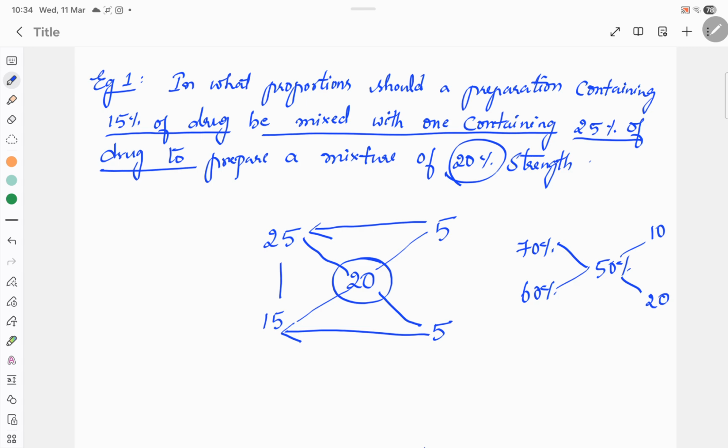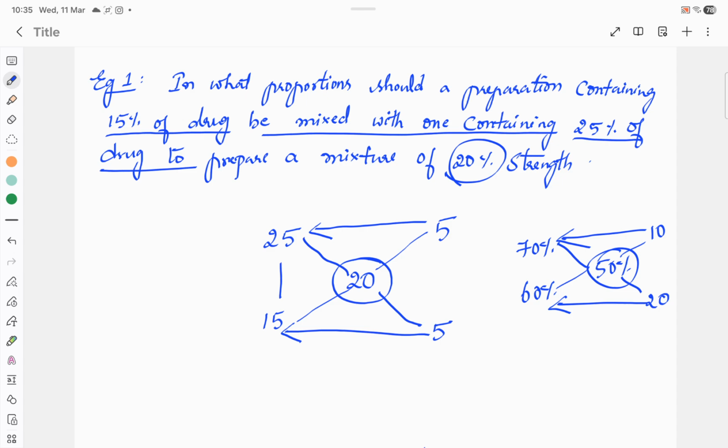So 10 parts of 70% drug and 20 parts of 60% drug are to be used in order to get the strength of 50%. This is one of the most important methods that we use to calculate percentages from the given two types of percentages, right?